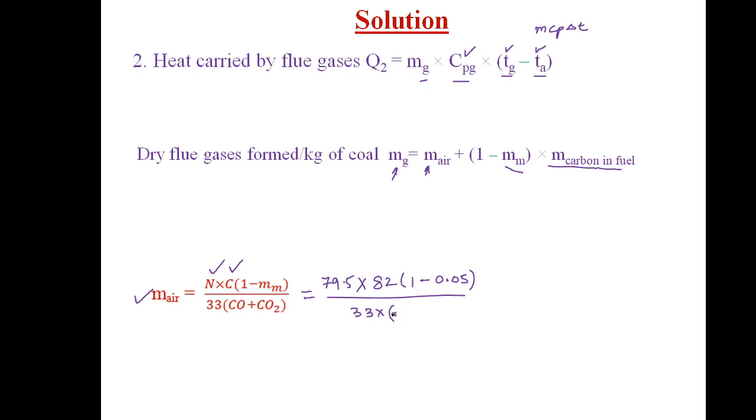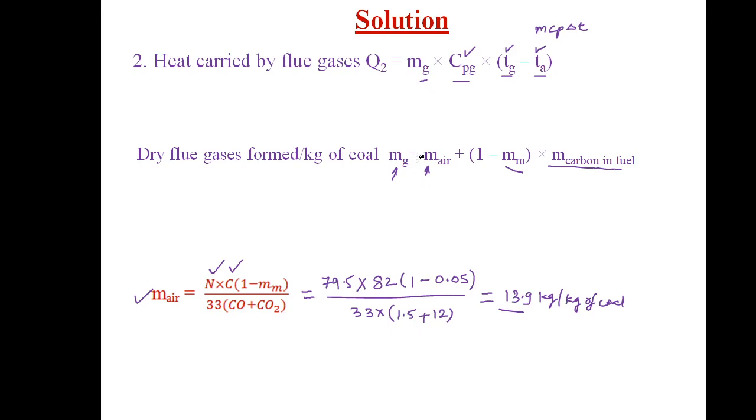Carbon monoxide is 1.5% plus carbon dioxide is 12%. On simplification we get mass of air as 13.9 kg per kg of coal. If we burn 1 kg of coal, so mass of air required is 13.9 kg.